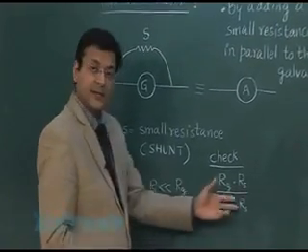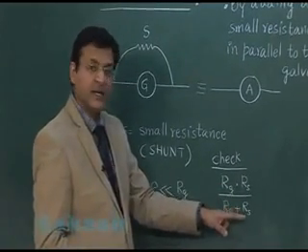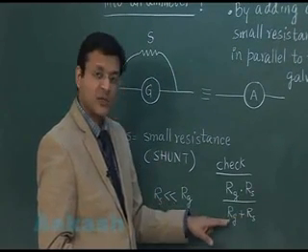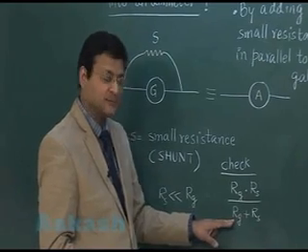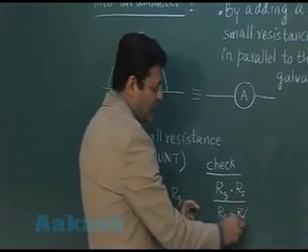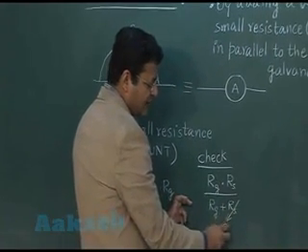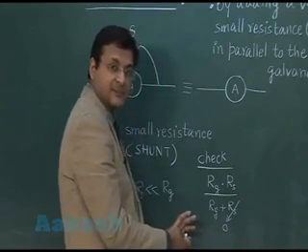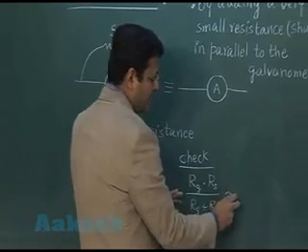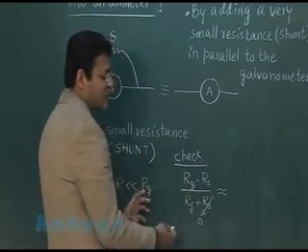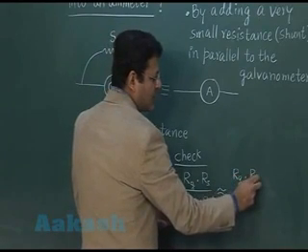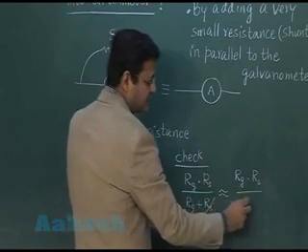Now you see, in this expression, I can successfully neglect this resistance of the shunt in comparison to this resistance of the galvanometer, because they are being added. When you have shown the sum of these two here, you can neglect the shunt's resistance, because of which this entire expression will become RG into RS upon RG, isn't it?